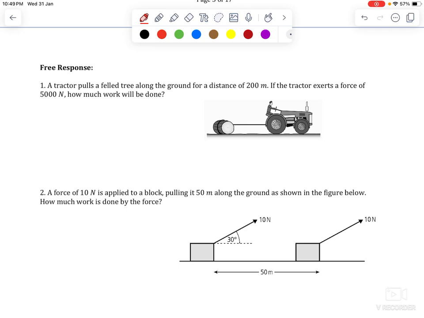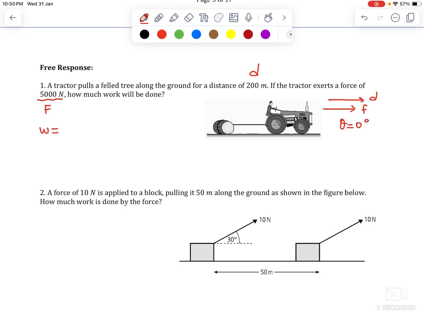We have a tractor, question number 1, pulls a field tree along the ground for a distance d, and it is exerting this much of force, and we can see that it is pulling it in the same direction of the force, so the theta here is equal to 0.